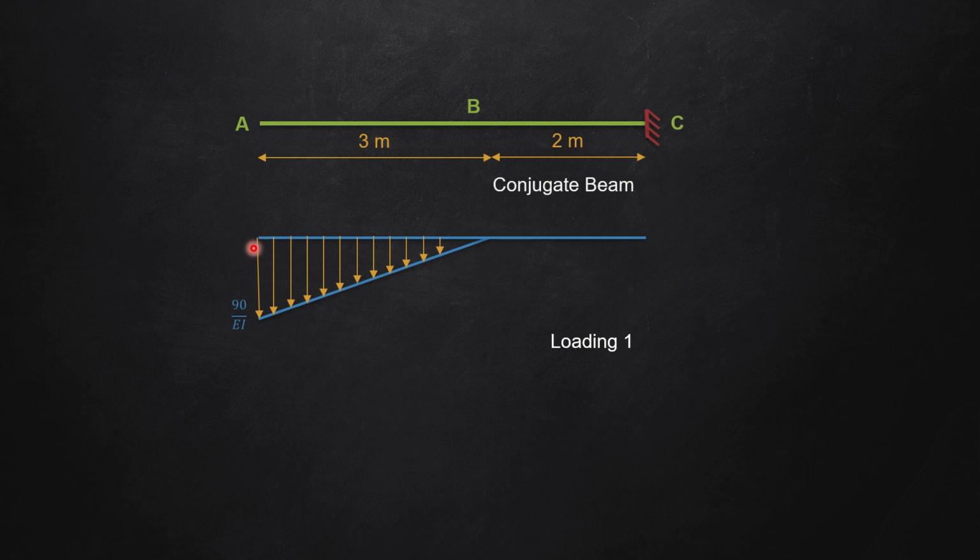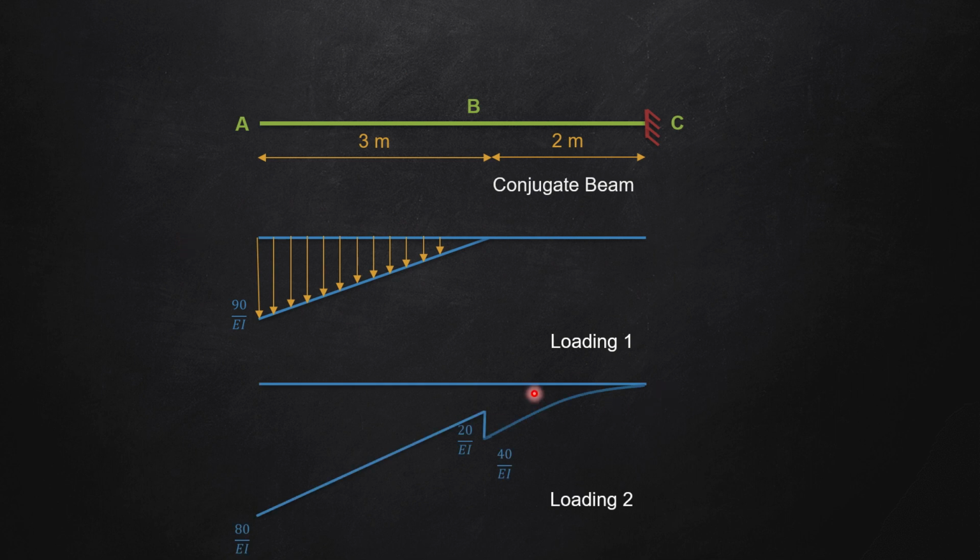This is a uniformly varying load, a UVL of 90 divided by EI for the span AB. Previously it was an M by EI diagram, now I am applying the M by EI diagram as a loading.